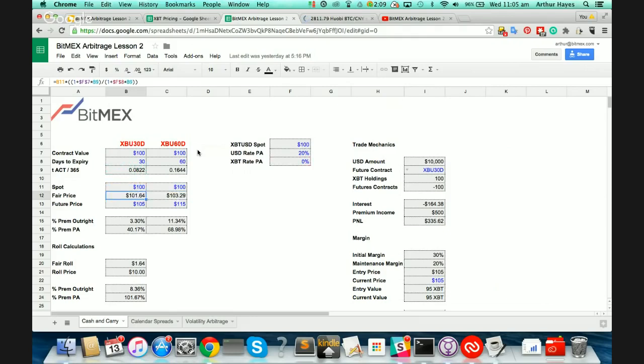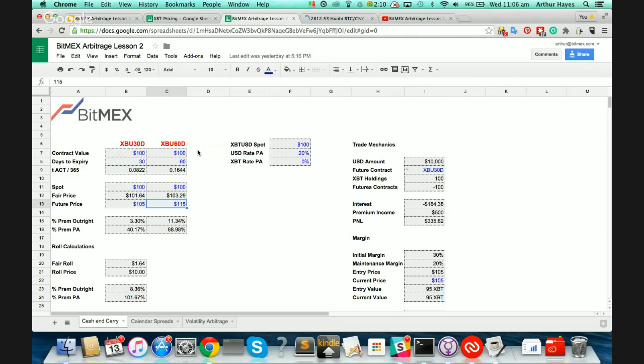We'll compute the fair price of each futures contract. Now, what you see is there's a difference between the fair price of the 30-day and the 60-day contract. And that's mainly due to the time value of money. You owe more money in 60 days at 20% per annum than you do at 30 days. As a result, the futures price will also trade at a different price in the future. So we have here $105 and $115 as an example.